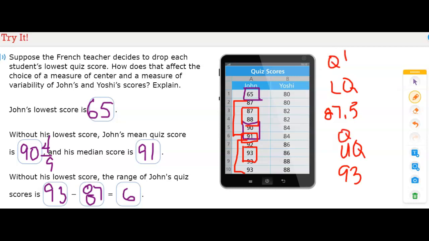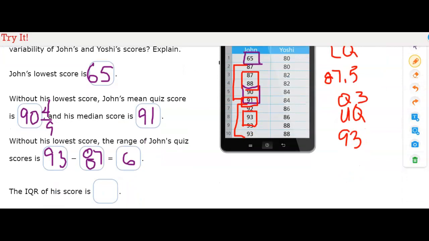This is quartile 3. All right, so we now take that 87 and 5/10 and subtract it from the 93, and we get the IQR as 5 and 5/10.